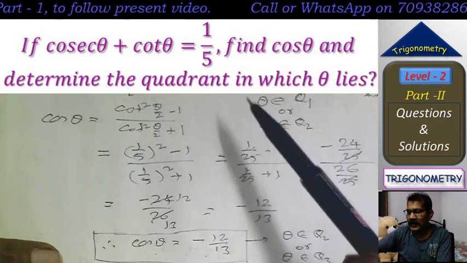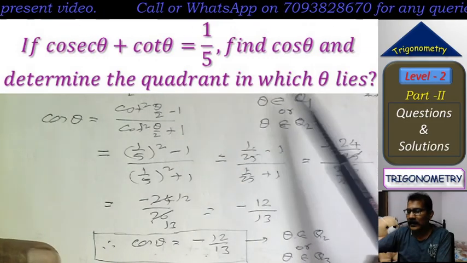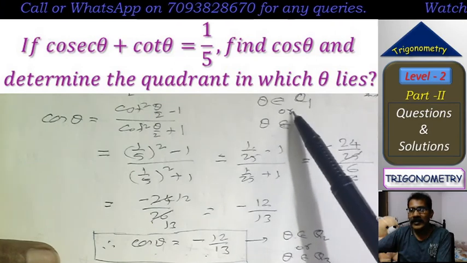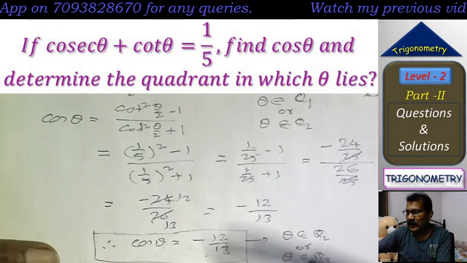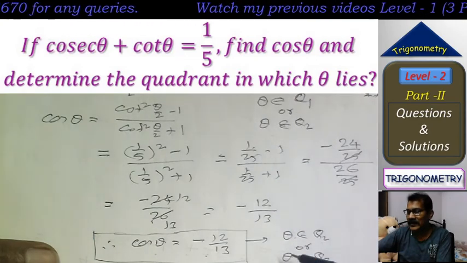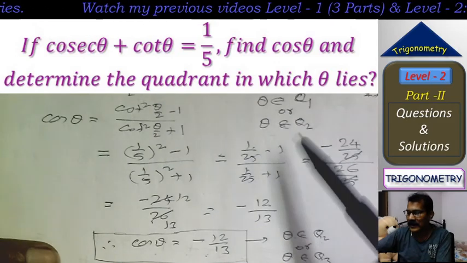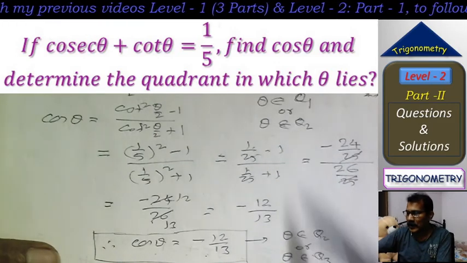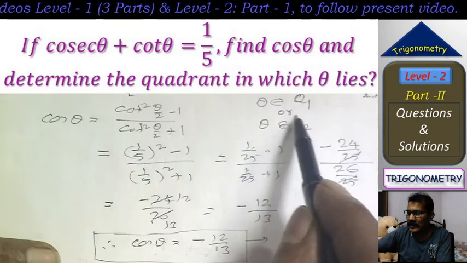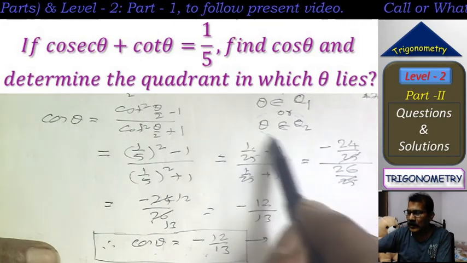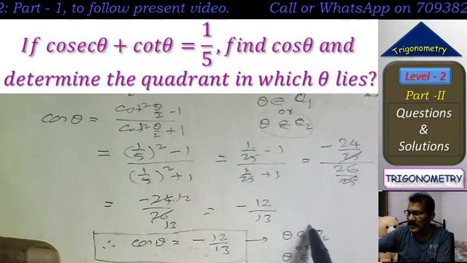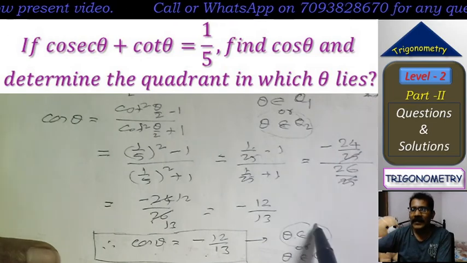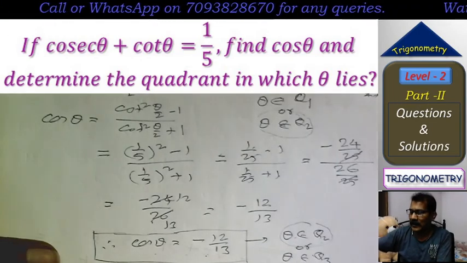So according to the given question, the theta location should be satisfied, and according to the cos theta value also the location of theta must be satisfied. That's possible from these two domains. Theta belongs to quadrant 2 is the possible case which is present in both cases. That's why we decide theta belongs to quadrant 2.